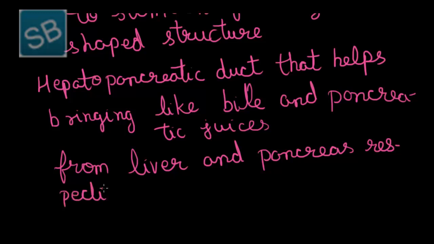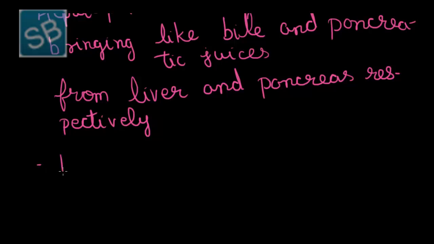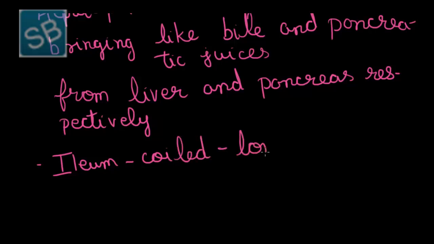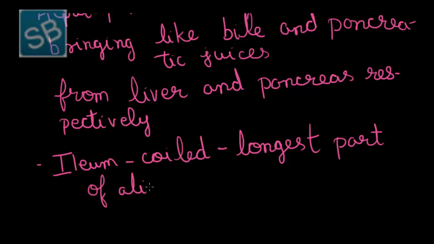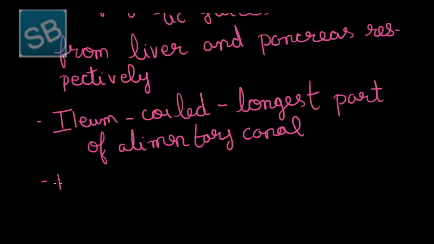That is, the liver secretes bile and the pancreas secretes pancreatic juice. Then at its posterior end, the ileum is located, which is coiled in nature and is considered the longest part of the alimentary canal. The main part, that is digestion and absorption of food, occurs here.